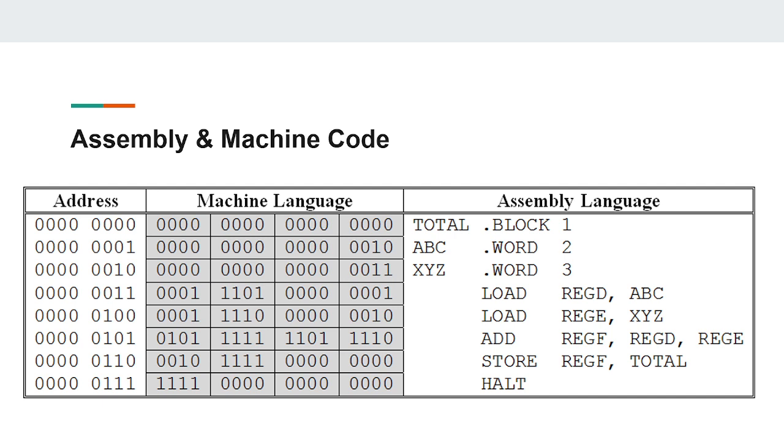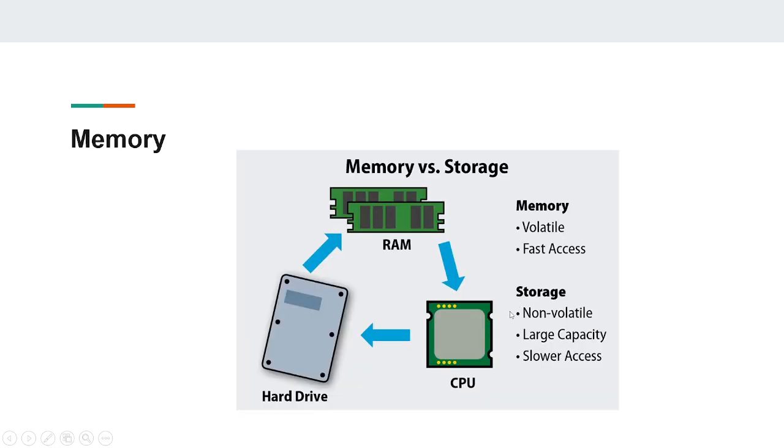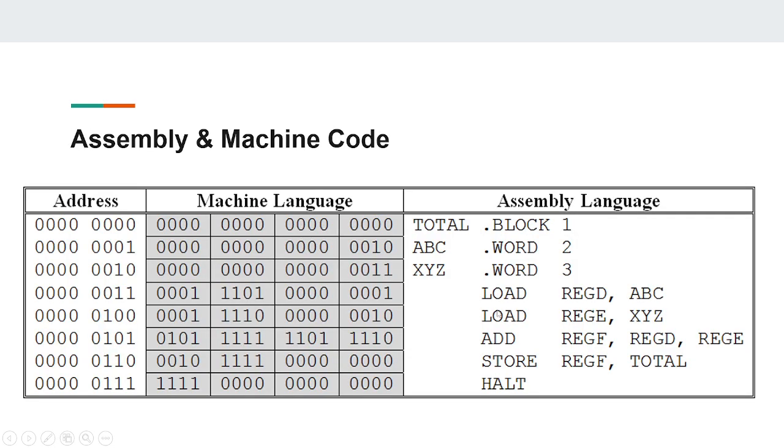It is comparatively easier than machine language, but it is still very complex to write a huge program using just assembly language, because the load, add, and store that you can see here are just mnemonics for whatever the machine codes are. We will discuss that now.